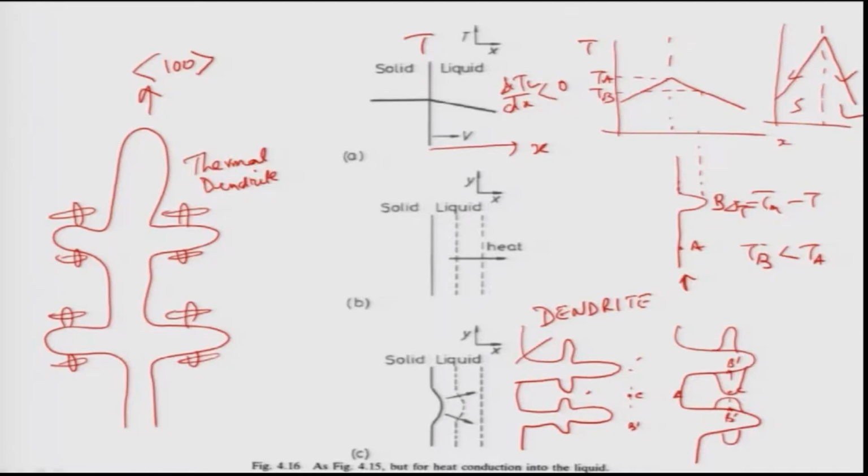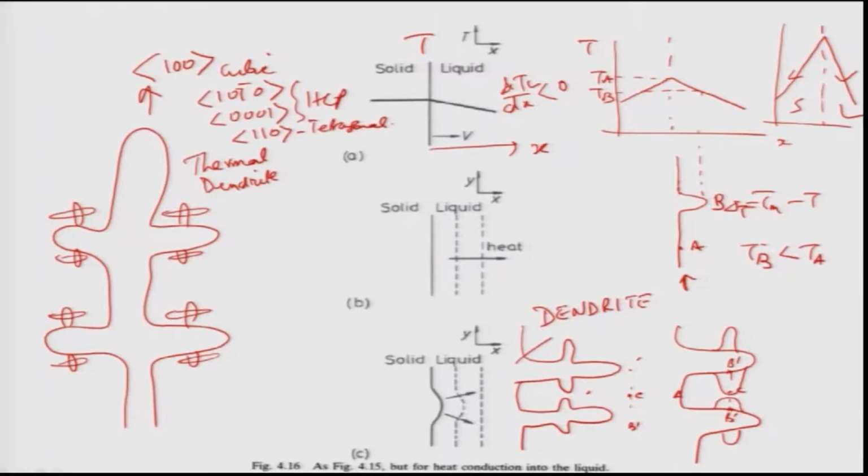For hexagonal, these are 1 0 1 bar 0 or 0 0 0 1, the two directions found for an HCP crystal. On the other hand, 1 1 0 is found in tetragonal crystal.